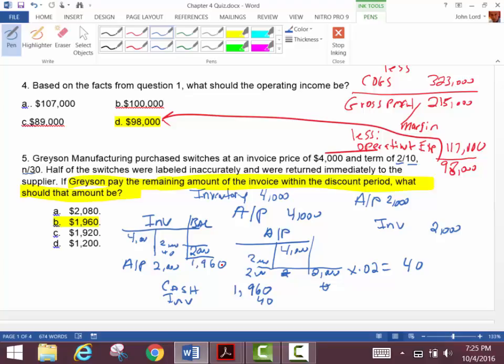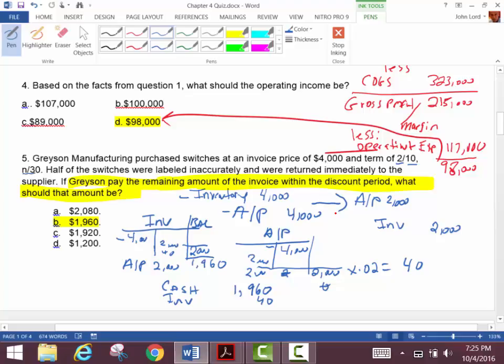Okay. So what happens? I sit here and I buy inventory for $4,000. I credit accounts payable for $4,000, right? Okay. Then I go ahead and I'm posting that. I'm debiting inventory. I'm crediting the account payable for $4,000. Just posting that journal entry. Okay. Then they tell me that I immediately returned half of those, so I immediately returned 2,000, right?